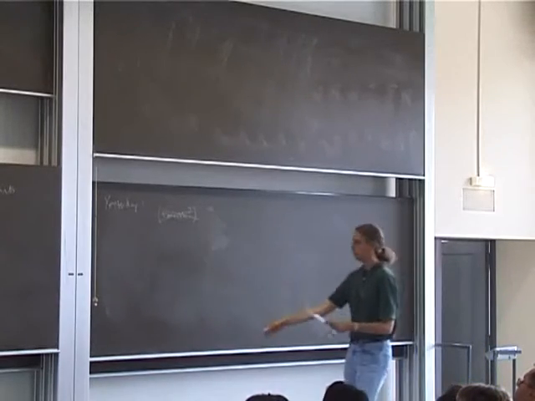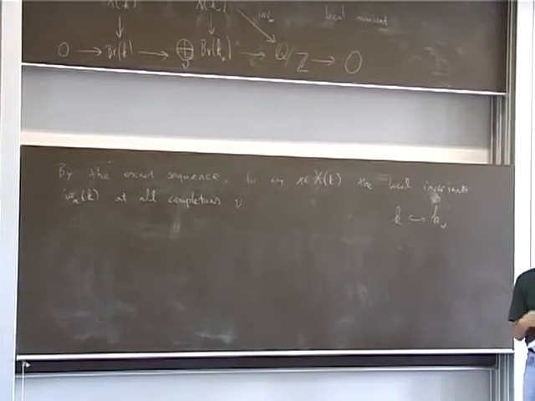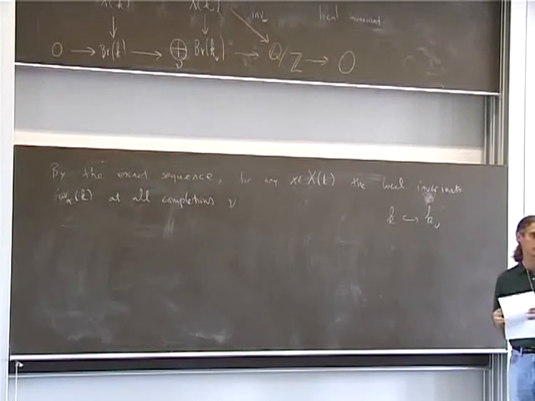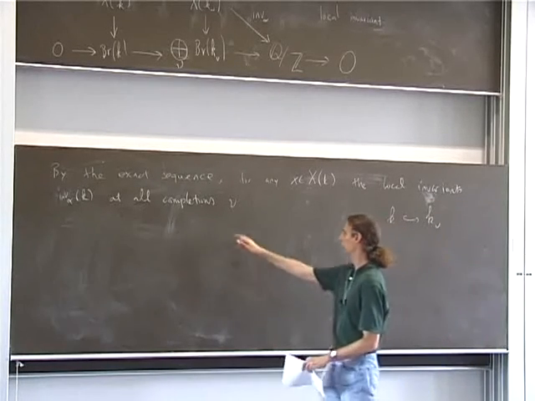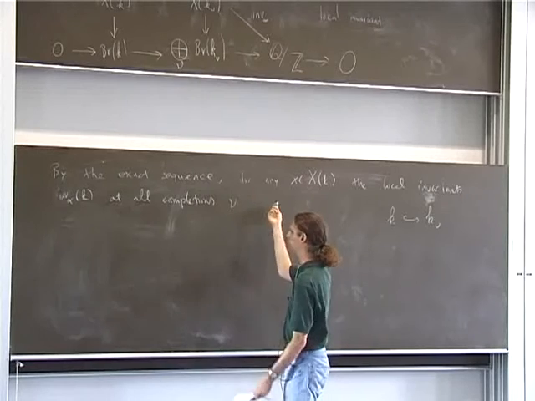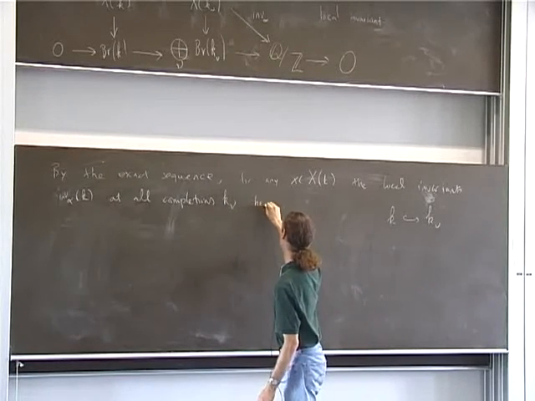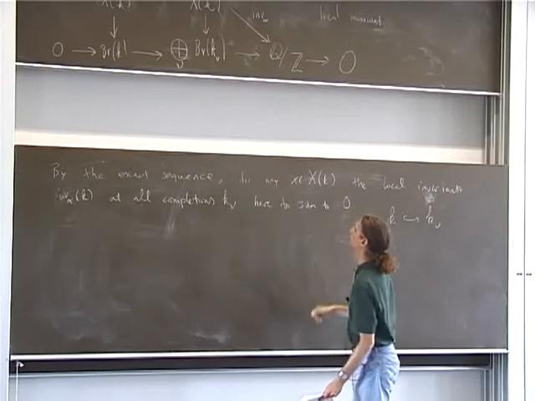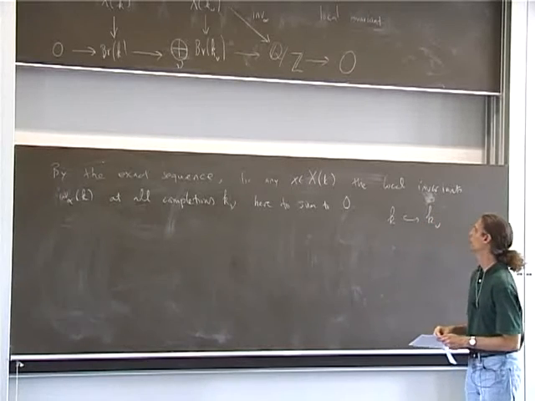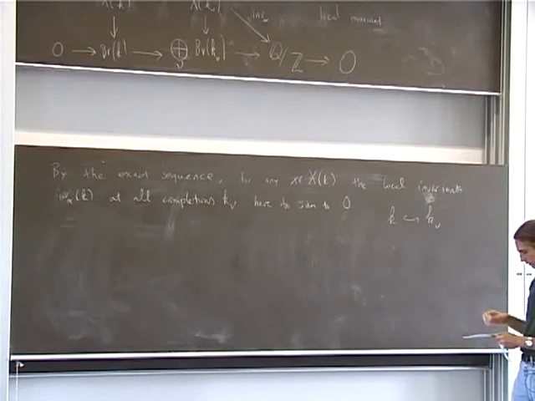Okay, so anyway, the point is not the notation. The point is what's going on, which I'm doing an absolutely terrible job of explaining, which is just that the local invariants at the various completions have to sum to 0, just by that exact sequence.